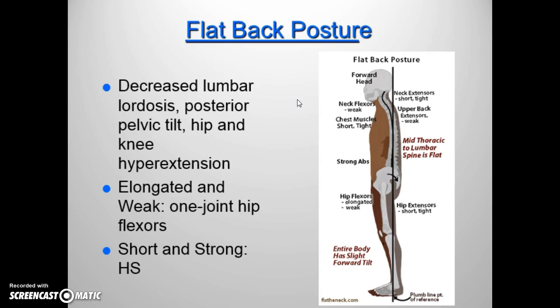The elongated and weak one joint hip flexors are present in flat back posture. The hamstrings are short and strong. Frequently the abdominals are strong, and although the back muscles are slightly elongated, they may not be weak. Sometimes the knees are slightly flexed, but sometimes they are slightly hyperextended.